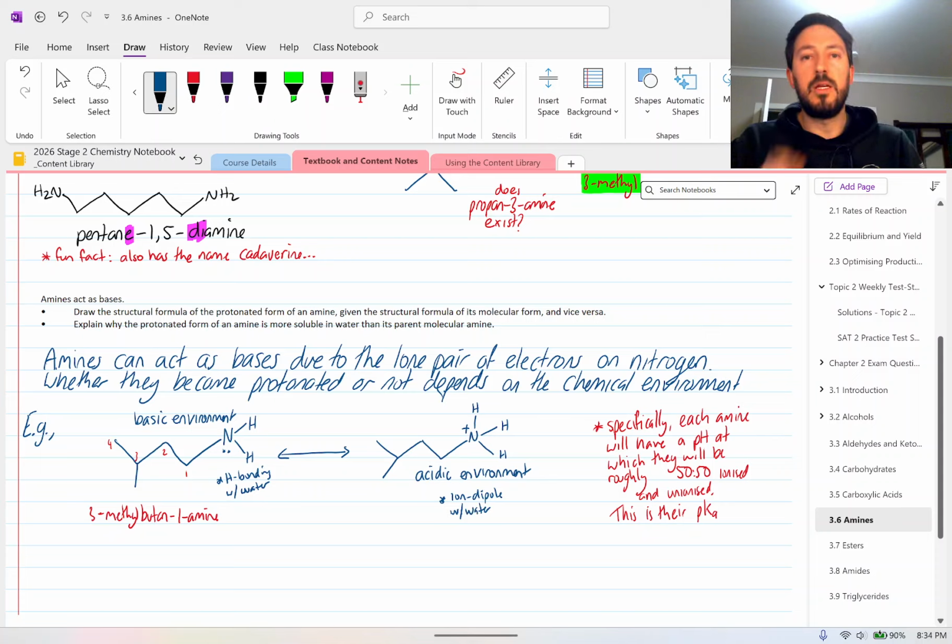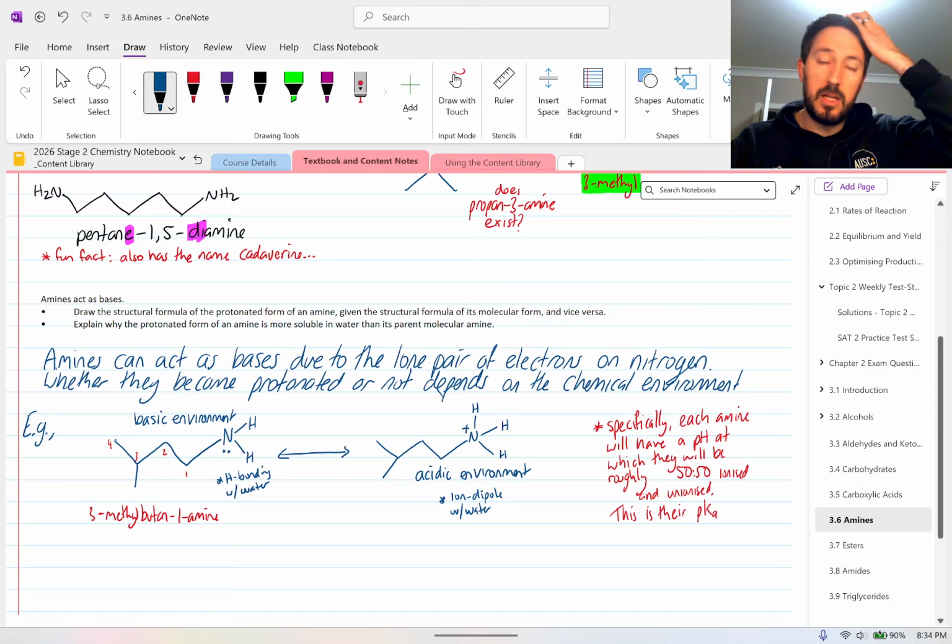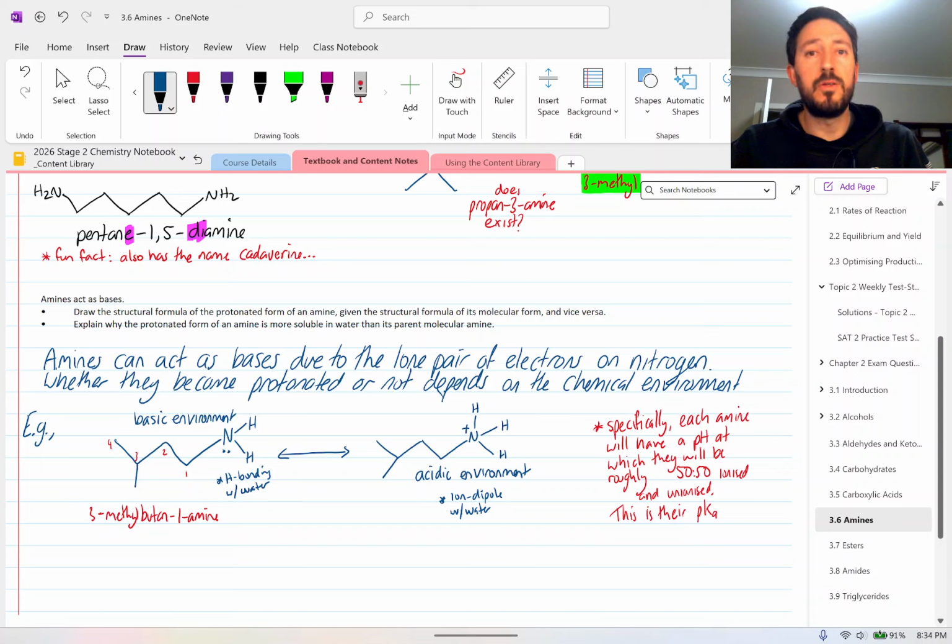Now, on the scale of intermolecular force strength, hydrogen bonding is one of the strong ones, but ion-dipole is even stronger. Ionic bonding can be classed as both an intermolecular and an intramolecular force. But in this case here, ion-dipole is a stronger intermolecular force than hydrogen bonding.